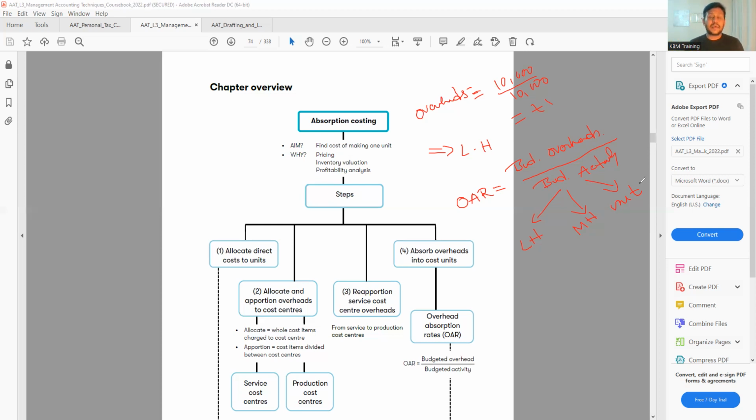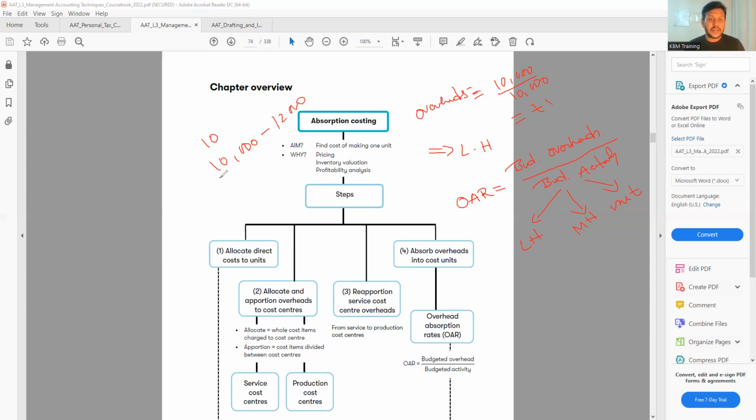Now, let's say I'm making a plan for the next 3 months. So I said my overhead absorption rate will be, let's say, 10 per hour, or let's say total overhead absorbed will be 10,000. Now, I cannot find the difference between the budgeted and actual unless this 3 month period is over. So after the 3 months, I see my actual overhead is 12,000.